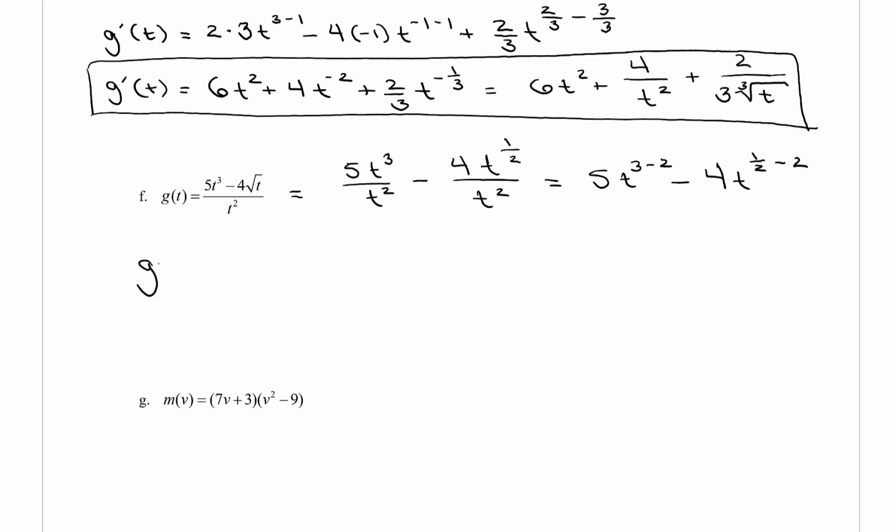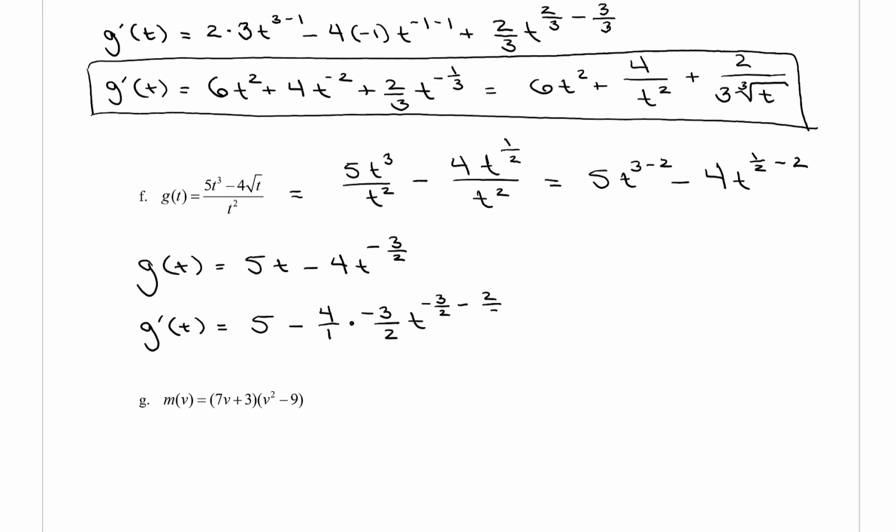Then we would have g of t is equal to 5t minus 4t raised to the -3/2 power, and g prime of t would be equal to 5 minus, I'm going to write this as 4/1 times -3/2 times t raised to the -3/2 minus 2/2 power.